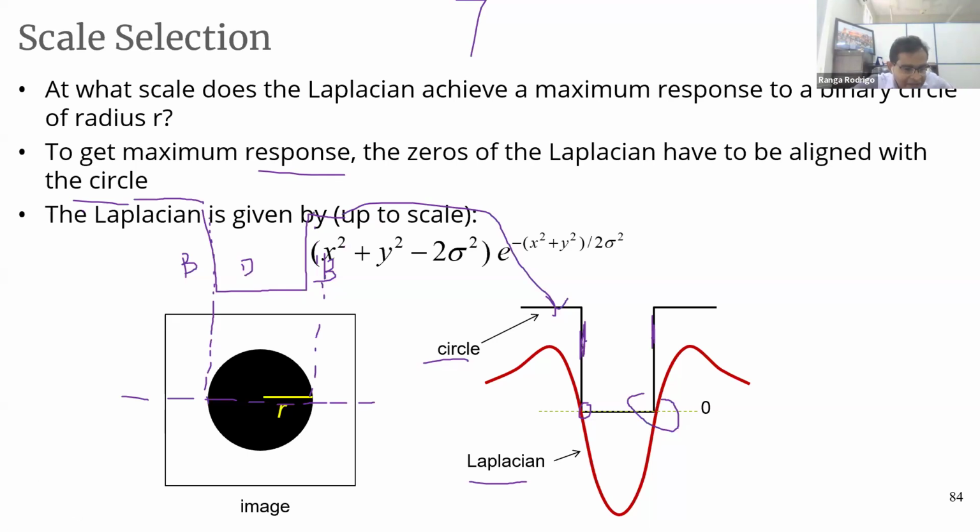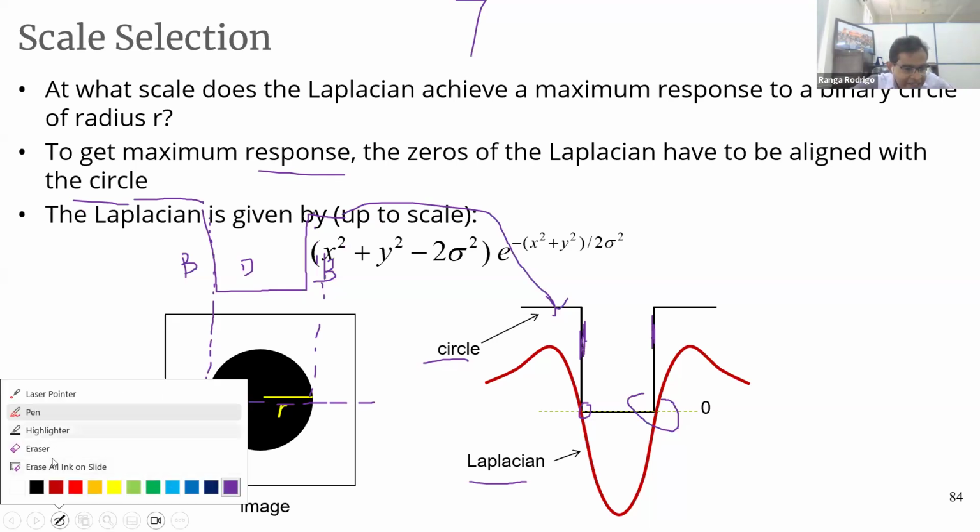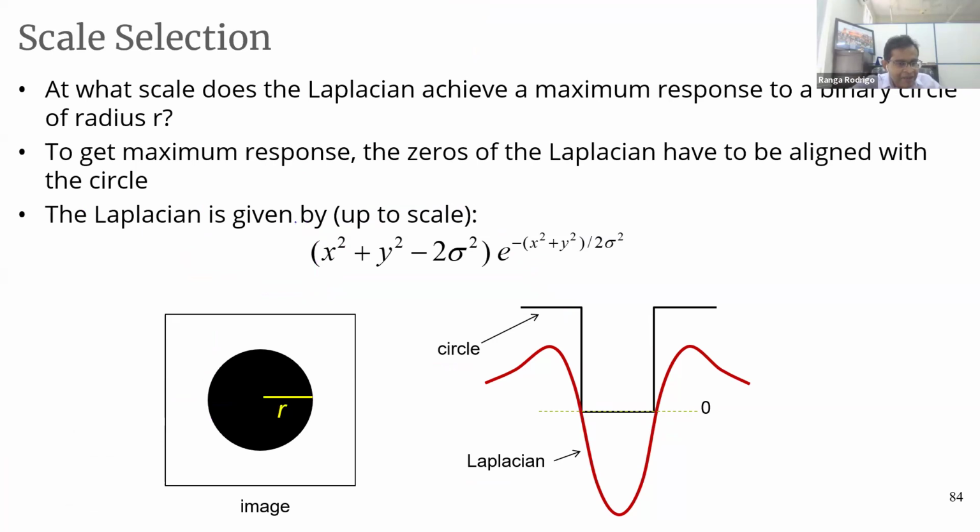Okay, let me clear the sketches. The Laplacian is given, up to scale, by x squared plus y squared minus 2 sigma squared, times e to the power of minus (x squared plus y squared) divided by 2 sigma squared. I can prove this, but I will not prove it right now. You can prove it by computing the first derivative of the Gaussian, the second derivative of the Gaussian, adding them and making it zero, because we are considering the zero level set.